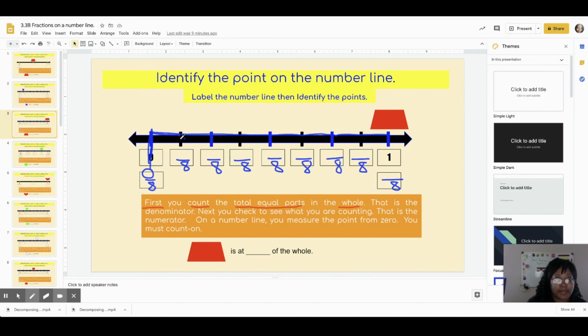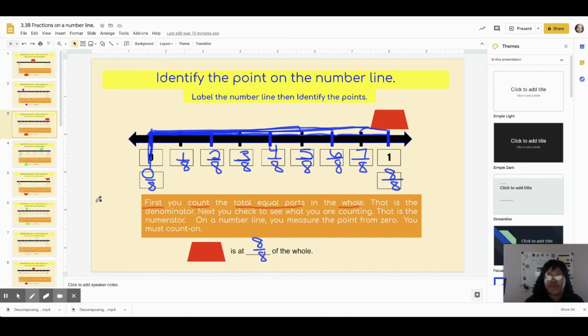So 1 equal part, 1/8. 2 equal parts, 2/8. 3 equal parts, 3/8. 4 equal parts, 4/8. Start at 0. 5 equal parts, 5/8. 6 equal parts, 6/8. 7 equal parts, 7/8. 8 equal parts, 8/8 or 1 whole. The trapezoid is at 8/8.